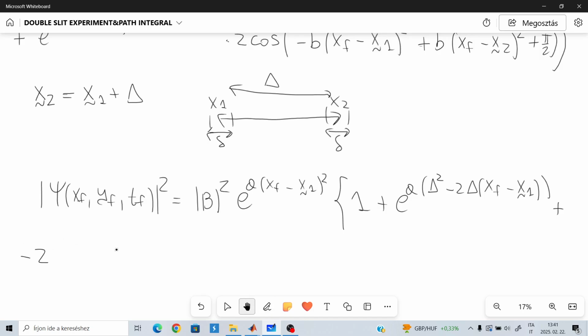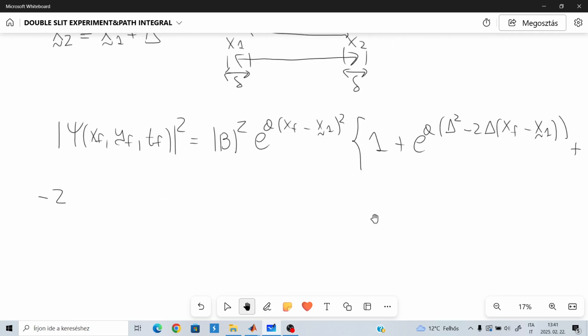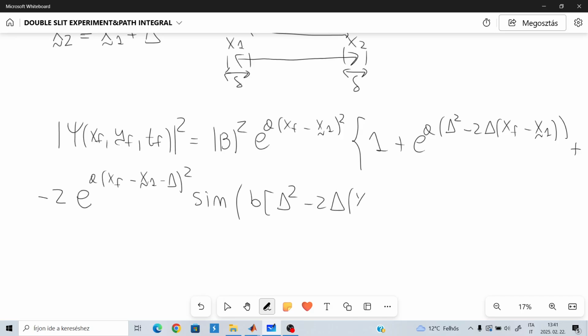This minus comes from the fact that I can write the cosine of this plus pi over 2 as minus the sine of this. So that's where the minus comes from. I have e to the a xf minus x tilde 1 minus delta squared, and then I have the sine of b delta squared minus 2 delta xf minus x tilde 1.